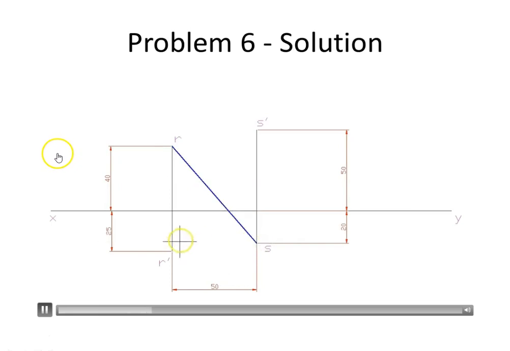So R and S are joined, R dash and S dash are joined, and they cross each other, which means it is piercing through the vertical and horizontal plane.